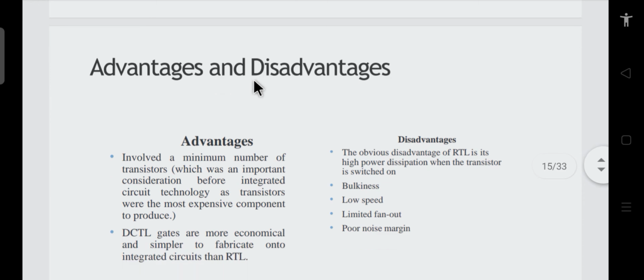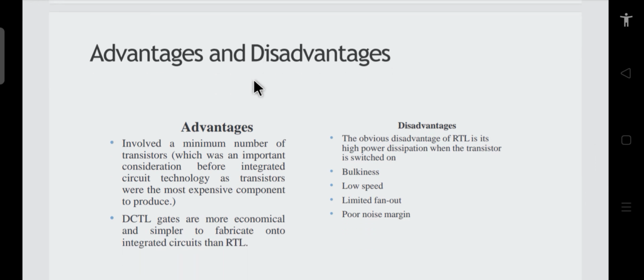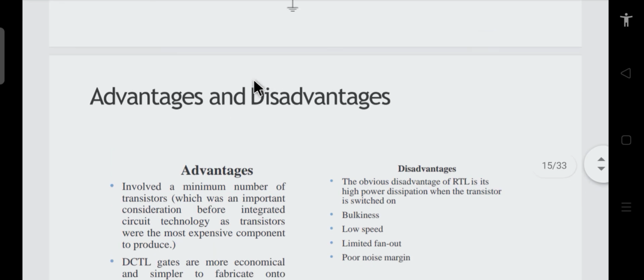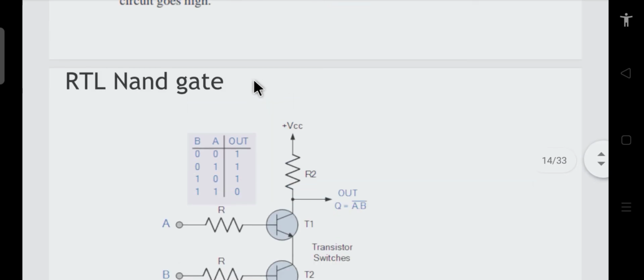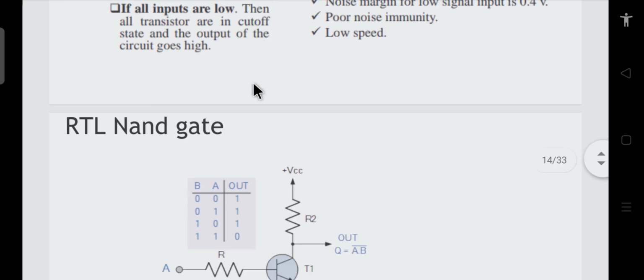Now the advantages and disadvantages of this circuit, the RTL logic family, whose characteristics we have seen.